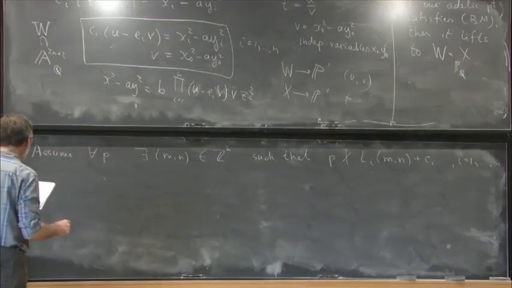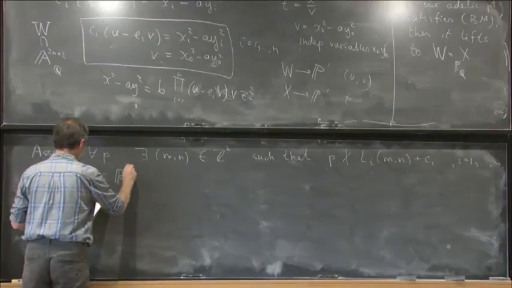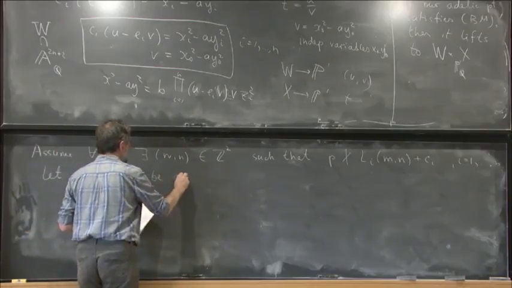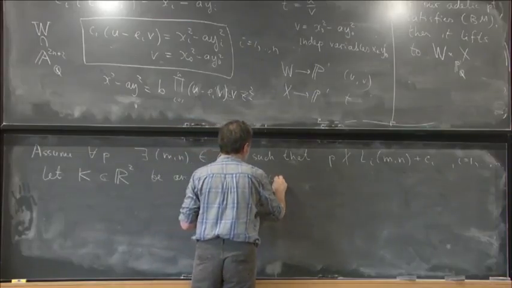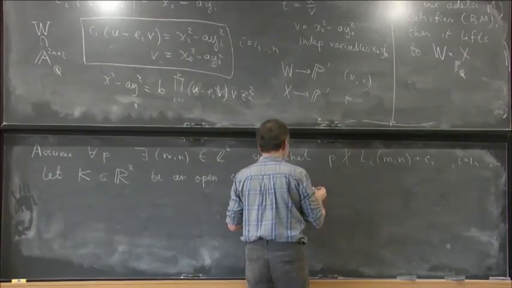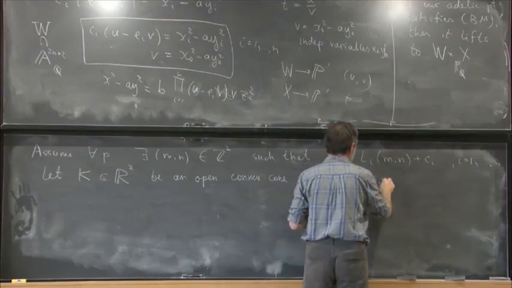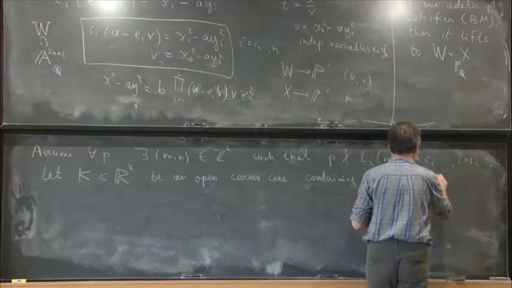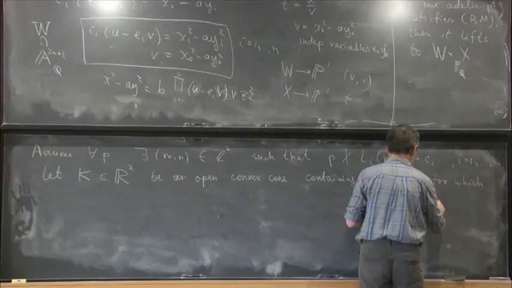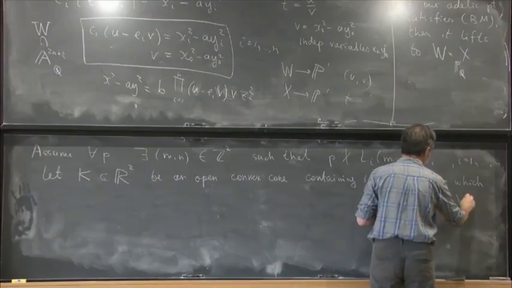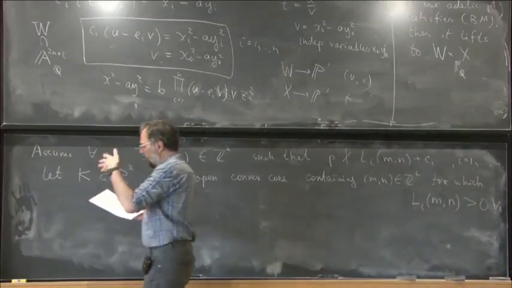And then let K in R^2 be an open convex cone containing a point for which the values of these linear forms are all positive.